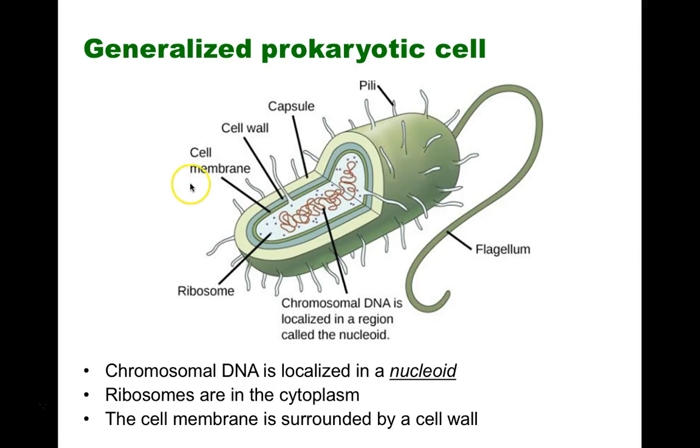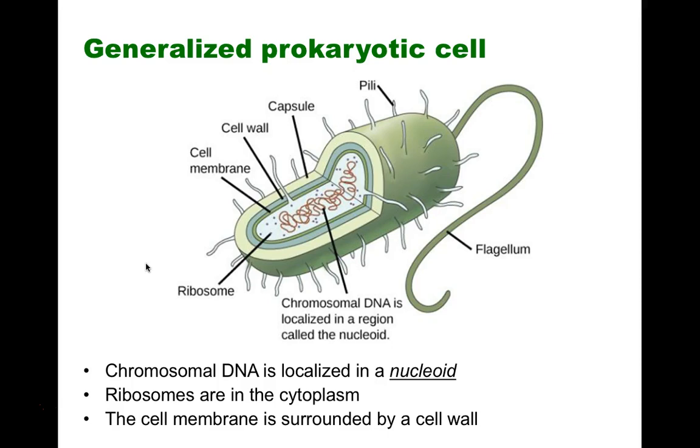And then if we take a look at the interior of the cell, we're going to find these tiny little dots that are called ribosomes. And then a supercoiled or extremely tangled structure that we call a chromosome, which is where we find the material for hereditary information in the form of DNA, as a chromosome or nucleoid.